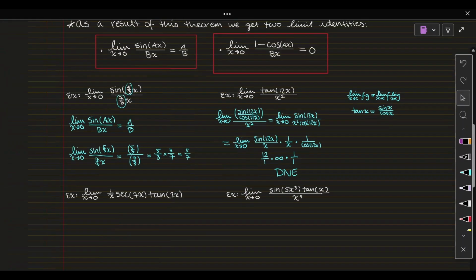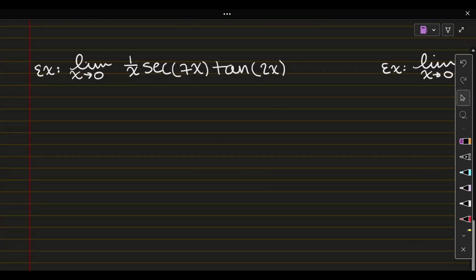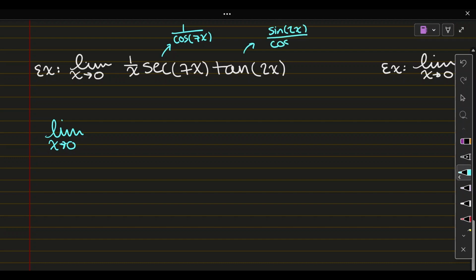Okay? Moving on, I have the limit as x goes to 0 of 1 over x secant 7x tan 2x. So this is going to be the limit as x goes to 0 of, so recall that secant of 7x is the same as 1 over cosine of 7x. And then just like before, tangent is sine of 2x over cosine of 2x.